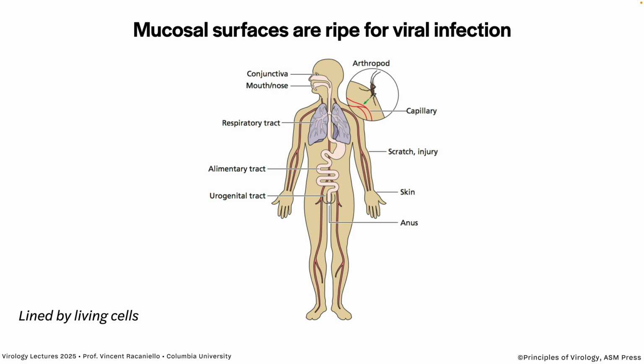Mucosal surfaces, we have lots of these in our mouth and nose and the conjunctiva. Respiratory, alimentary, urogenital tract, they are lined with living cells. They have to take things in and give things off to the environment. So actually, they're all exposed to the environment.